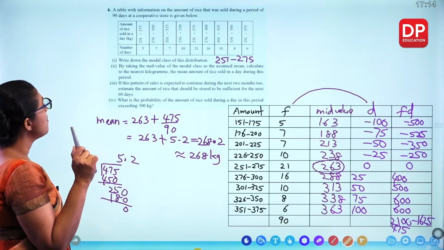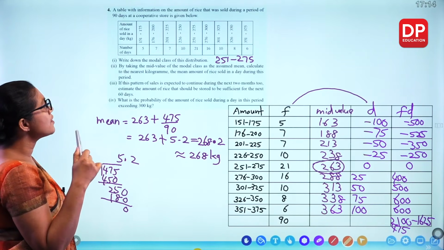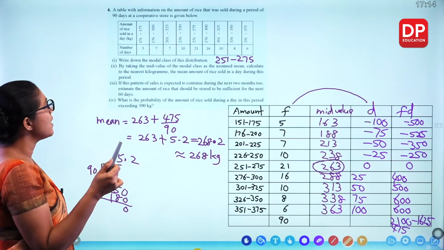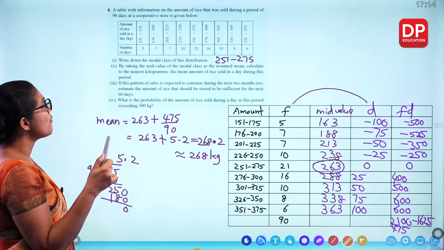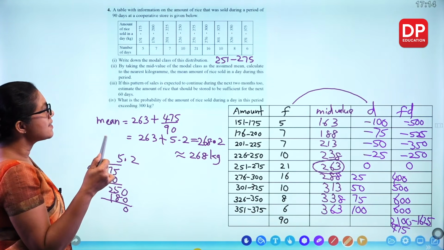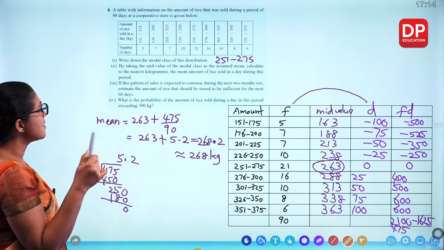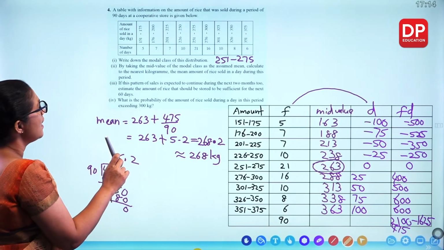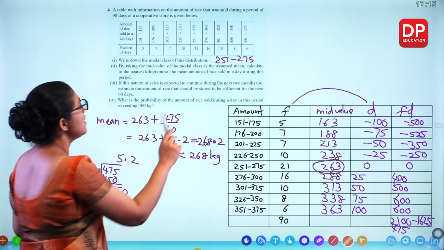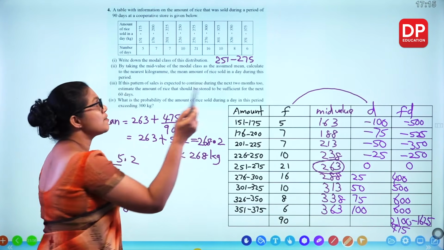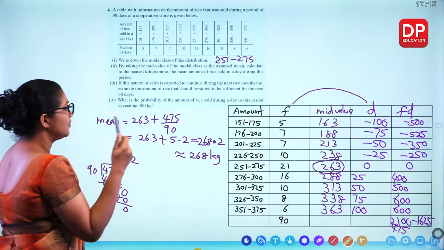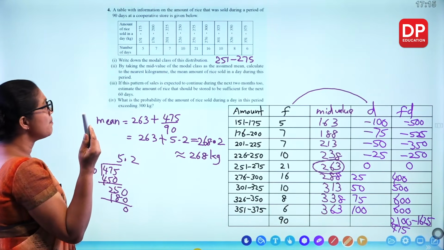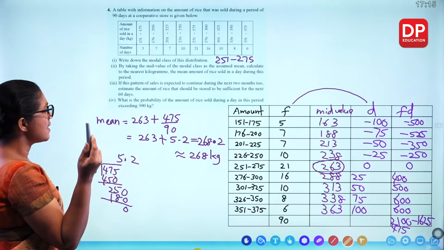Third part: if this pattern of sales is expected to continue during the next 2 months, estimate the amount of rice that should be stored to be sufficient for the next 60 days. So this is for 1 day, and they need it for 60 days, which means 2 months. So you have to multiply by 60.